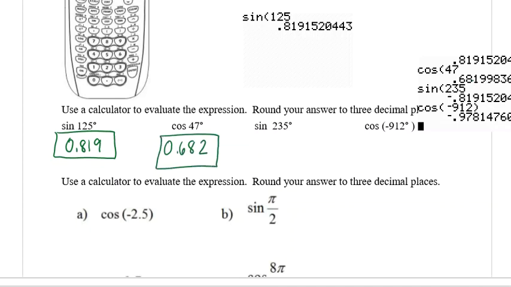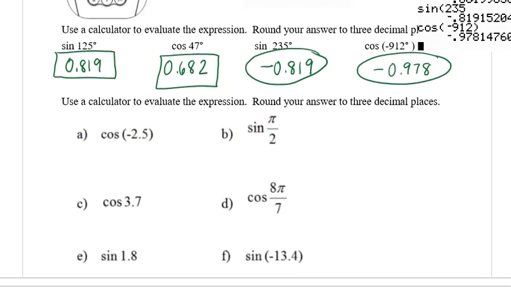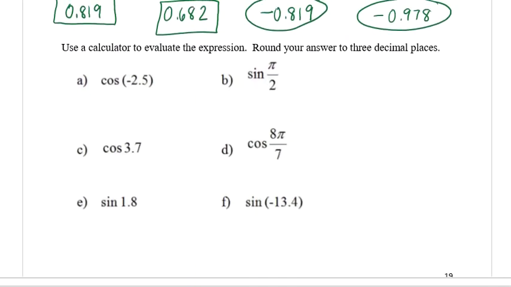Sine of 235 is negative 0.819. Notice these two have the same value other than being opposites, so they must have the same reference angle. And negative 0.98. Boom.